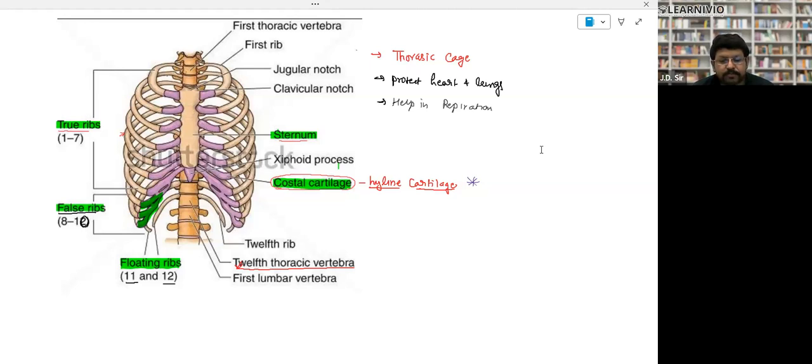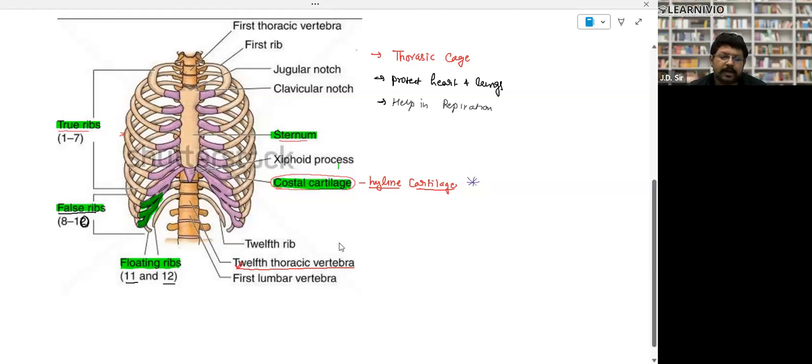Full stop. They protect the kidney. That's it.